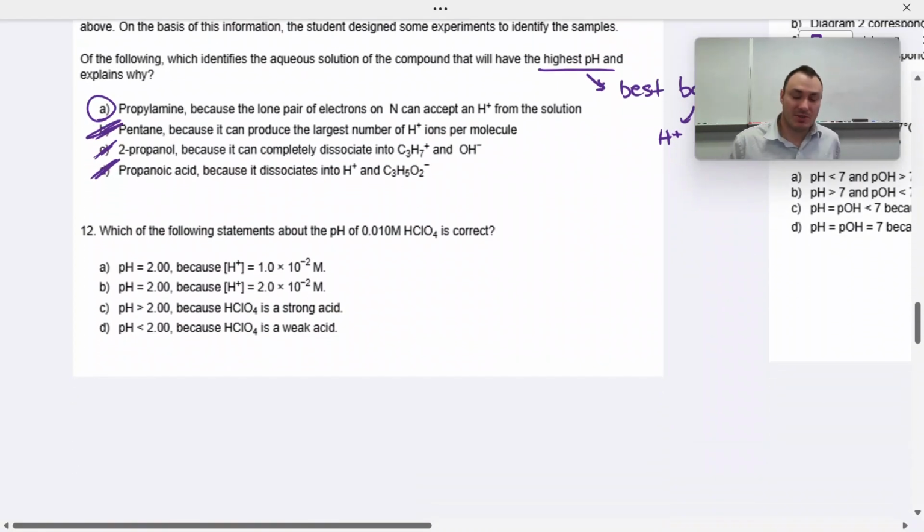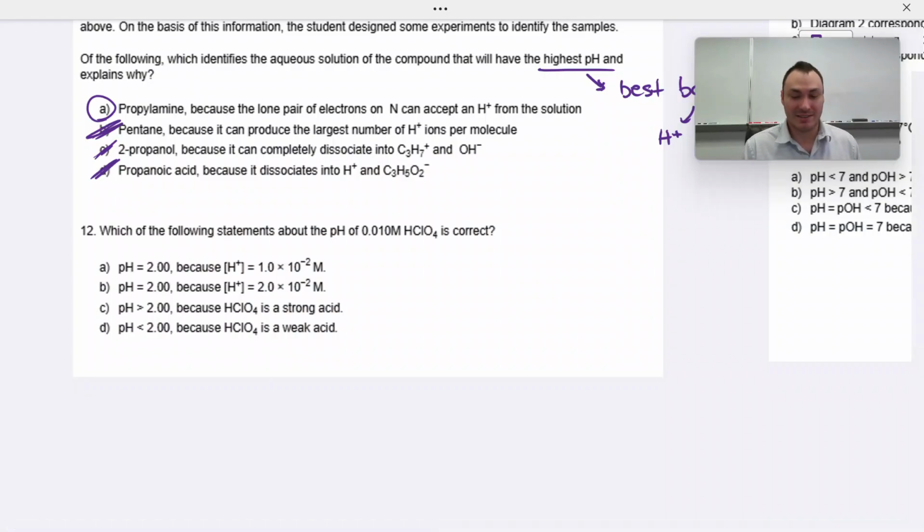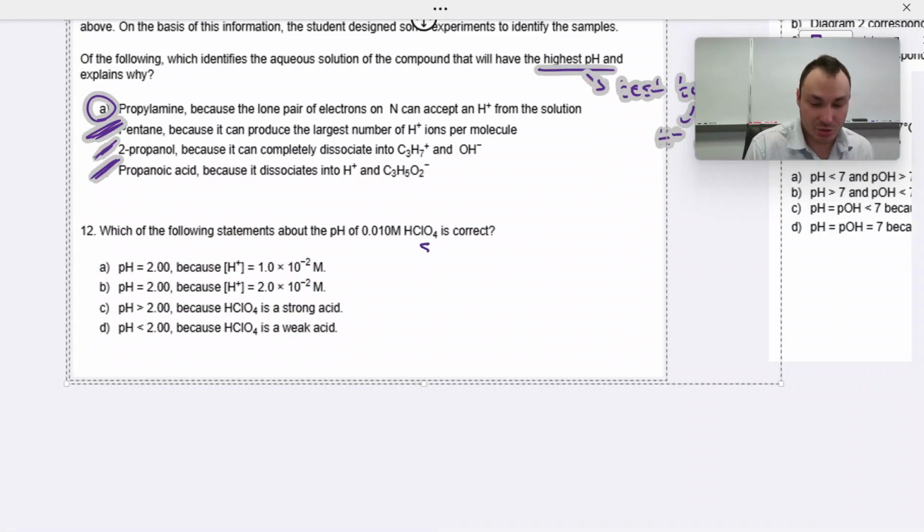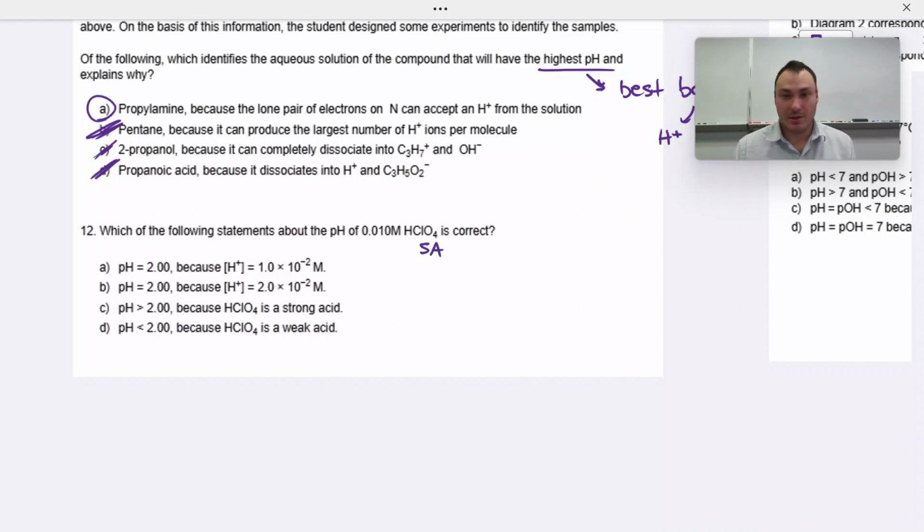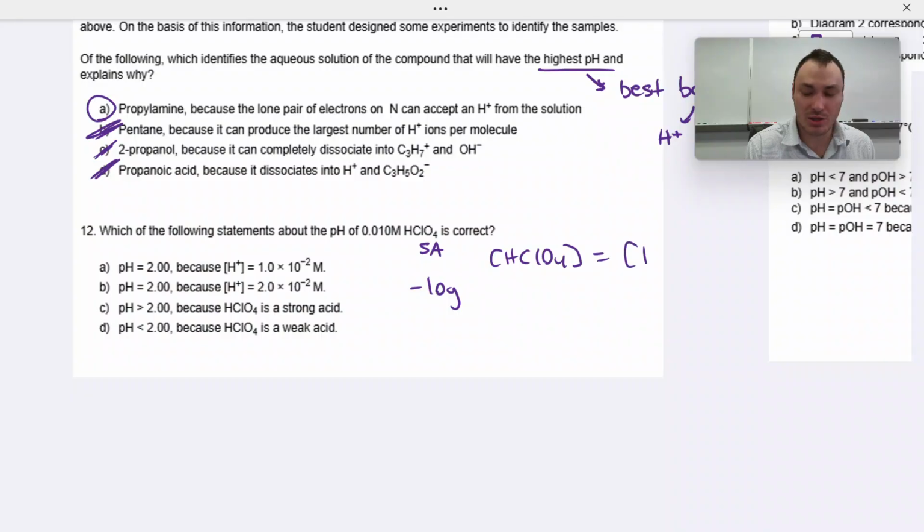Which of the following statements about the pH of 0.010 molar perchloric acid is correct? Perchloric acid is a strong acid. The way we get pHs of strong acids is we just take the negative log of the concentration, because the concentration of perchloric acid equals the concentration of hydronium, because strong things dissociate, they ionize completely.